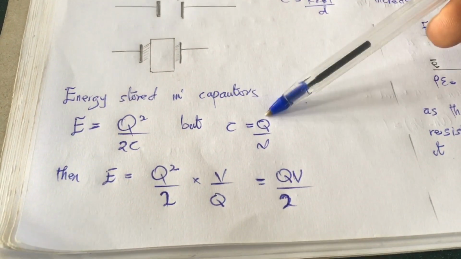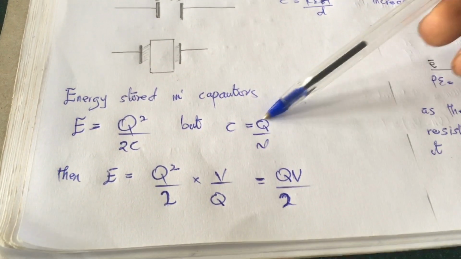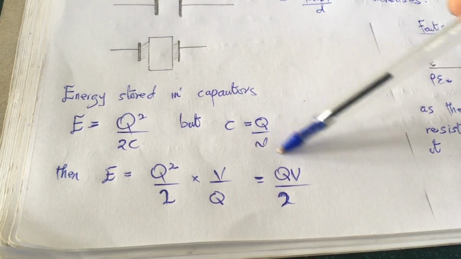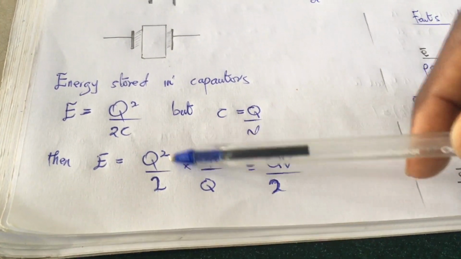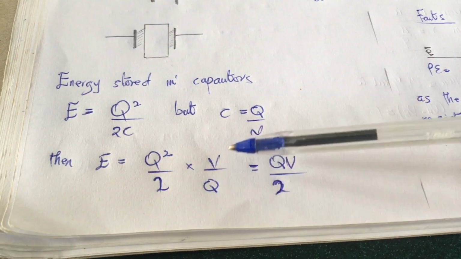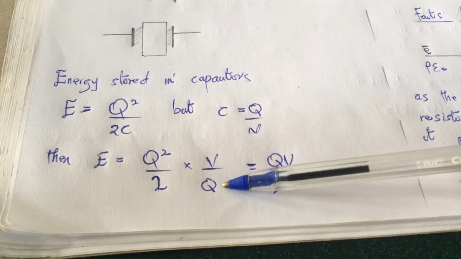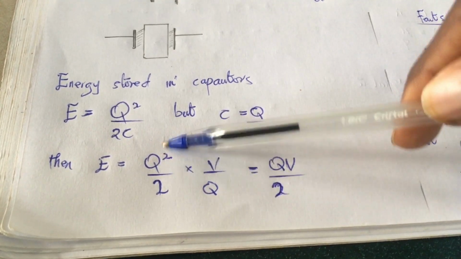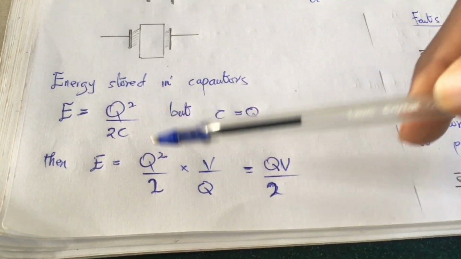If you put Q over V into this equation, it will turn to the reciprocal, and we are going to have Q squared all over 2 times V over Q. At the end, one of the Q's will cancel out, giving you only one Q here.